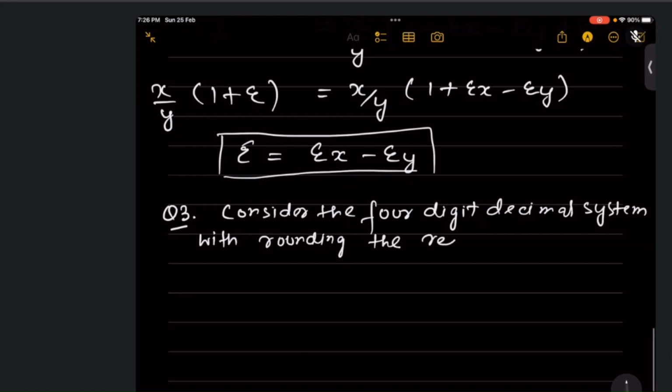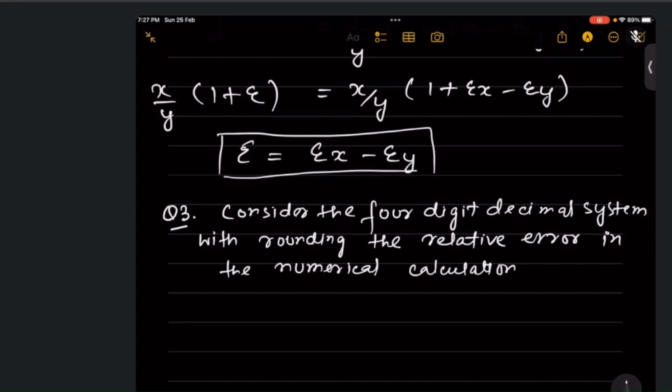The relative error in the numerical calculation of x equal to minus 5 pi plus 7e minus 3 by 17 is.